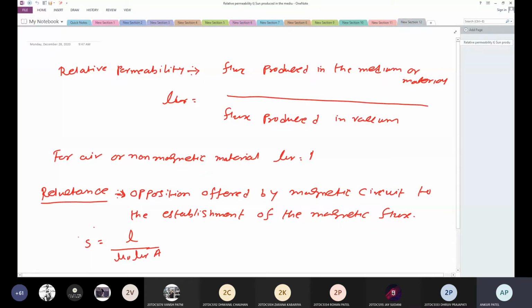So S is equal to L upon mu 0 mu r A, where mu 0 is equal to 4 pi into 10 raised to minus 7. The unit of reluctance is ampere turn per Weber.